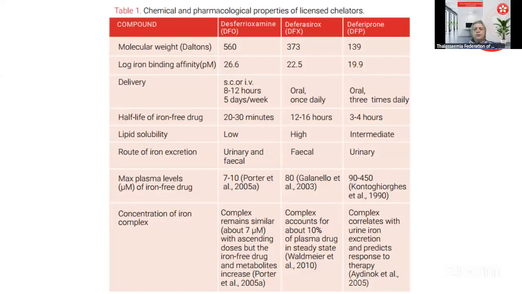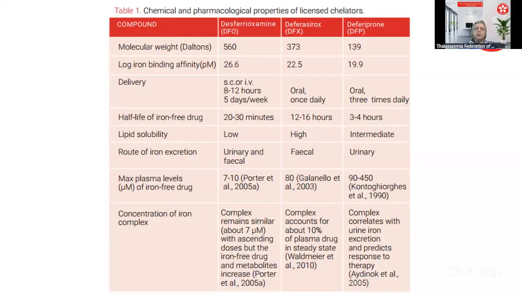One should realize that desferrioxamine has a short half-life, 20 to 30 minutes, and that is why it has to be given very slowly over a long period of time. Then there is deferasirox, which is a long-acting drug and can be given once a day, once in 24 hours.